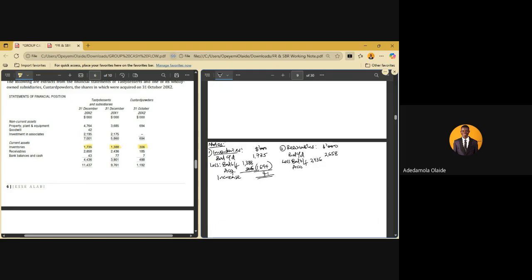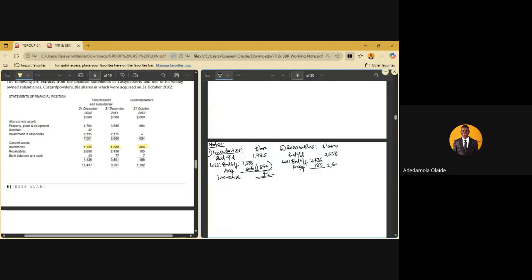Then the value of the one acquired is how much? 185. So what do we have? 2436 plus 185. That will give us how much?